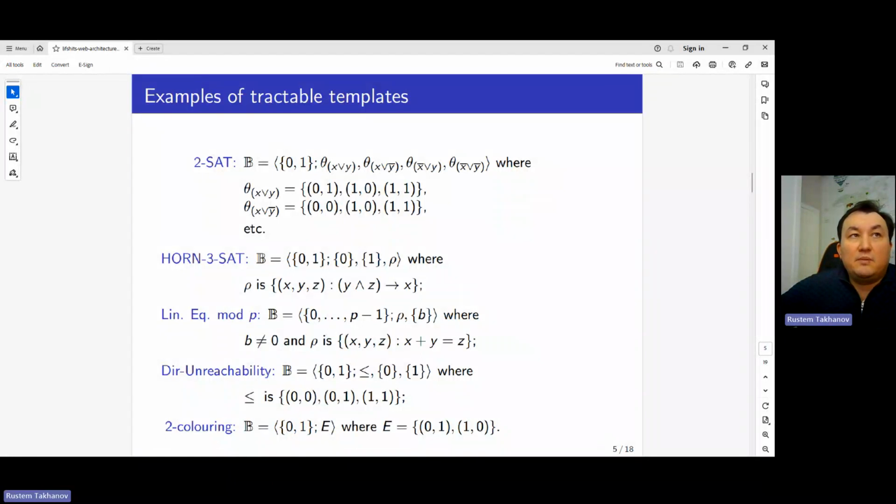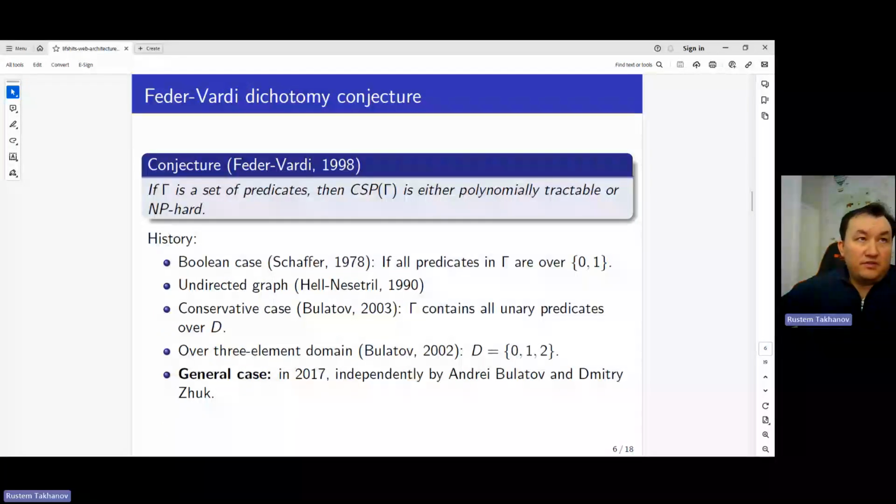There are other examples of templates that correspond to tractable homomorphism problems, for example 2-satisfiability, Horn 3-satisfiability, linear equations modulo p, directed unreachability, and 2-coloring. Everything can be modeled as a constraint satisfaction problem with a certain fixed template, and these are all tractable cases.